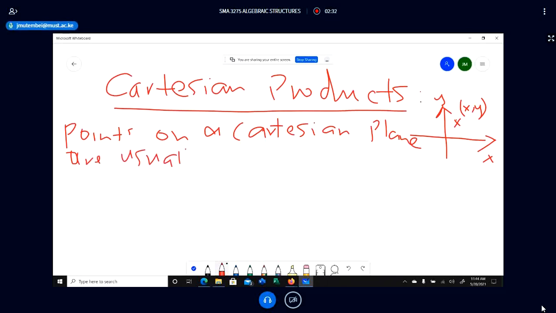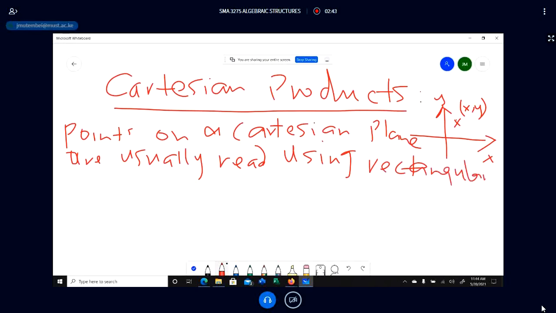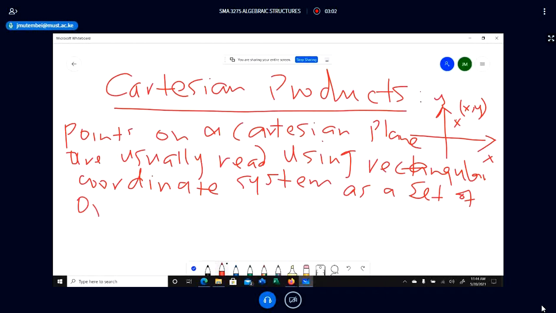are usually read using the rectangular coordinate system, as a set of ordered pairs of this form, e.g. pairs of the form, say, (a, b).